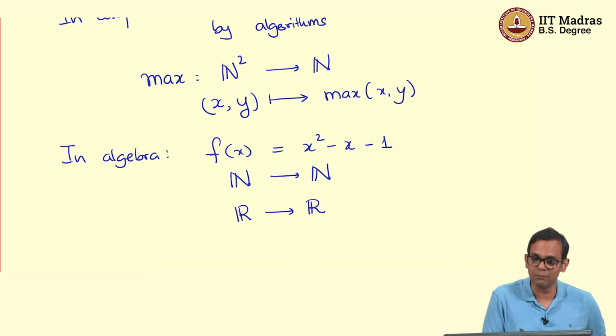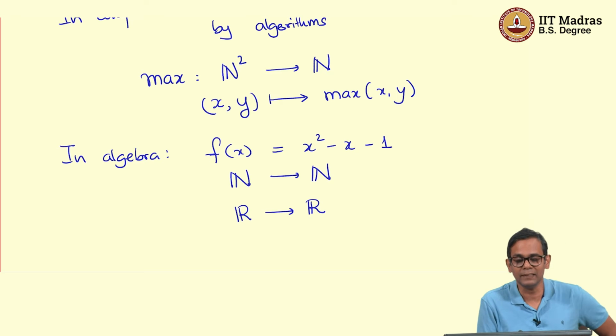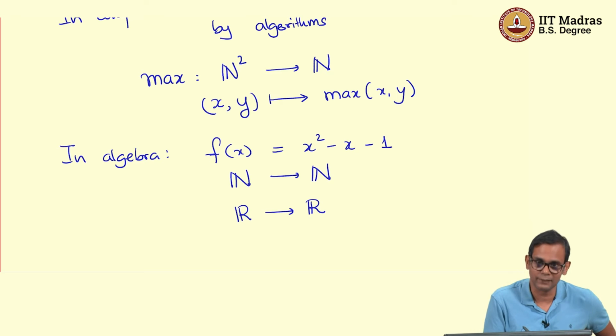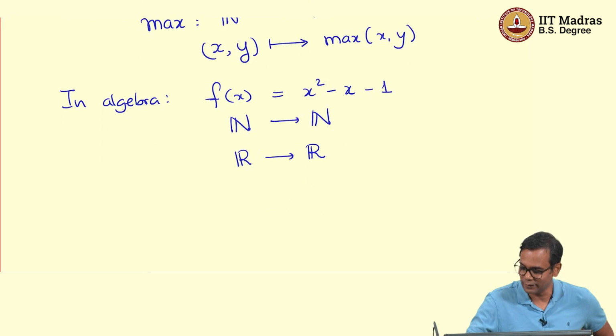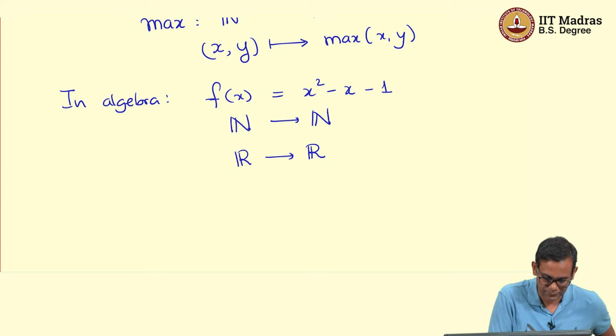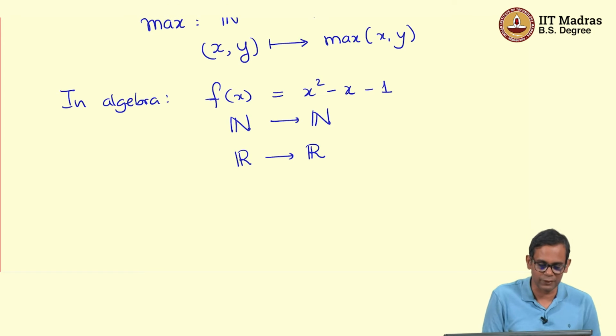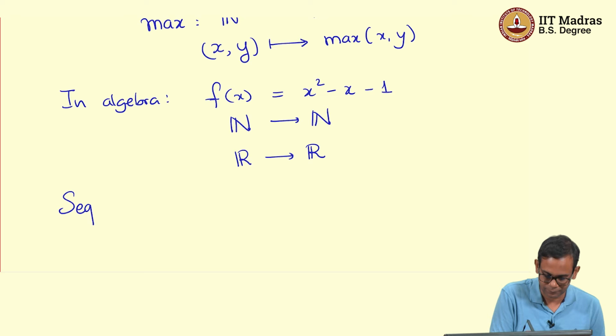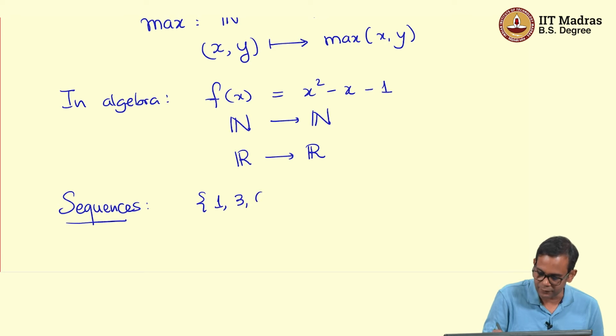And then we have seen some more functions already in some of our earlier lectures when we talked about sequences. Every sequence can be regarded as a function. So, we had looked at sequences of integers, we had the sequence of triangular numbers: 1, 3, 6, 10, 15.